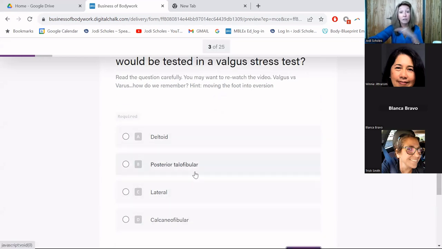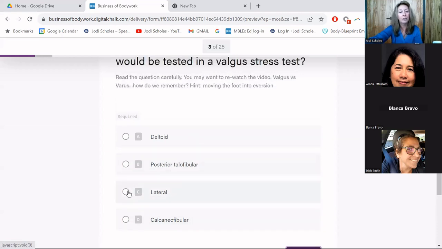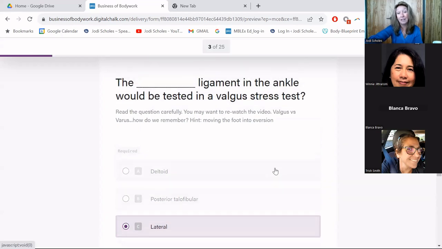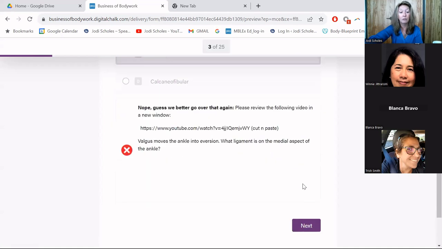Posterior talofibular, no. Calcaneal, it's on the calcaneus, right? No. All right, I'm going to go with lateral because the most common sprain is a lateral sprain. Let's see. Oh, got it wrong.